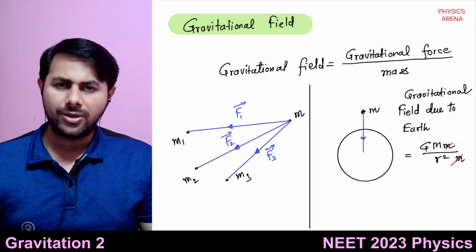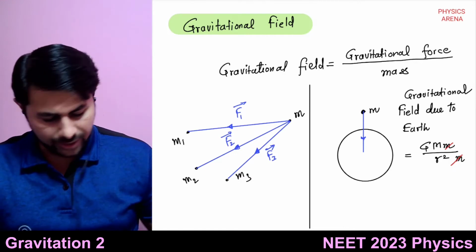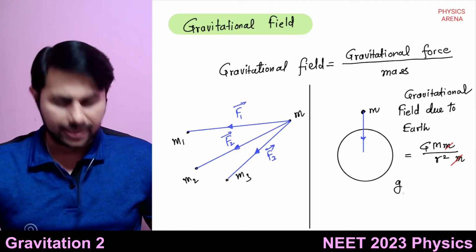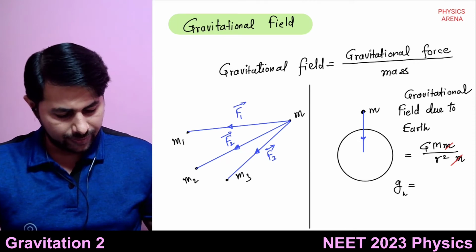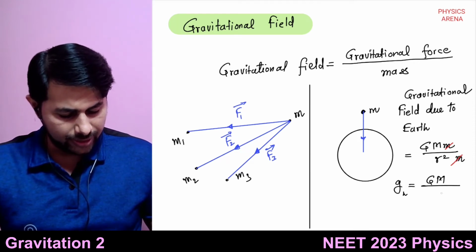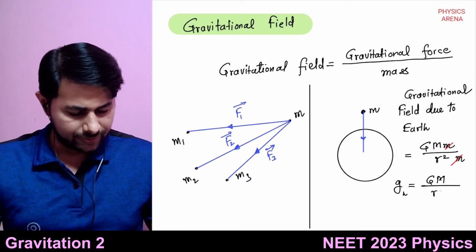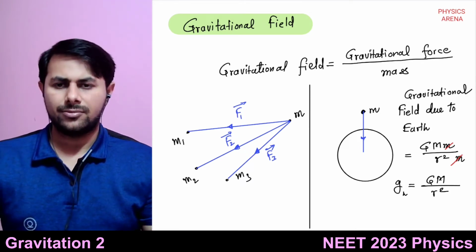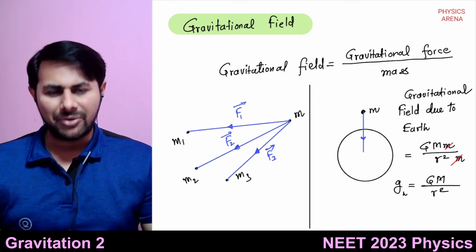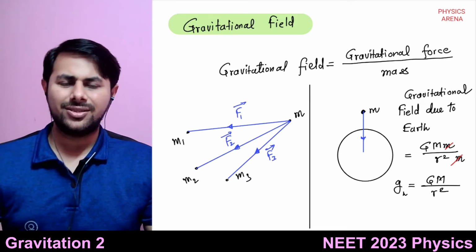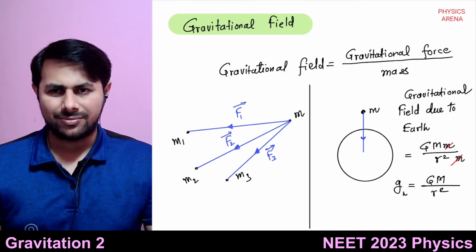So you get GM upon r square, and that's nothing but the g at height h. It is GM upon r square, which is GM upon (R plus h) whole square. So is it clear? Gravitational field due to Earth is just the acceleration due to gravity.